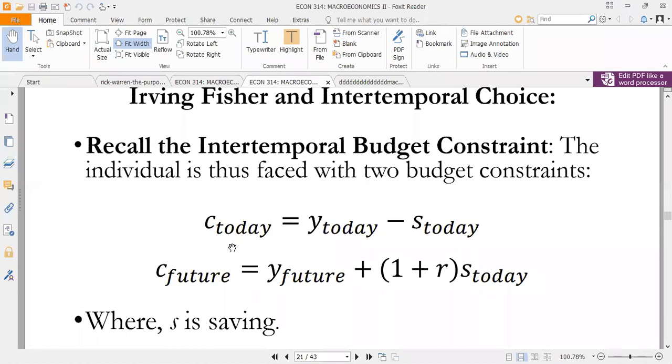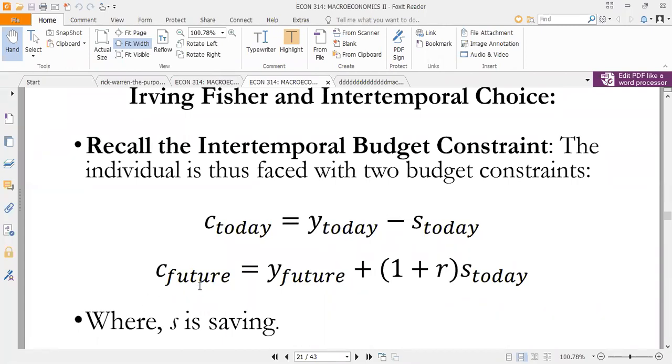I'm taking it again. Consumption in the first period depends on income in the first period minus your savings. So you are not consuming all your income today. You've saved part, which means that when you get to the second period, the consumption there will depend on the income that you have there and the savings and the benefit of the savings that you saved from the first period.